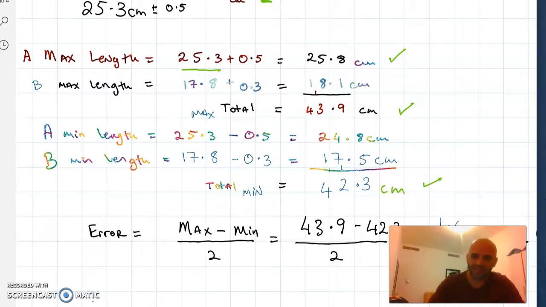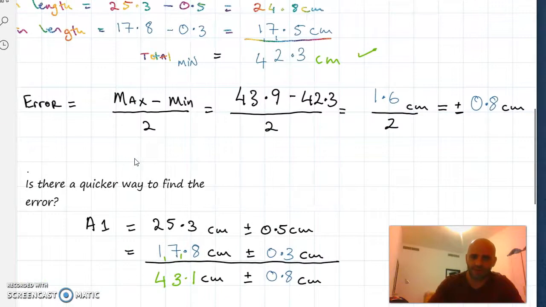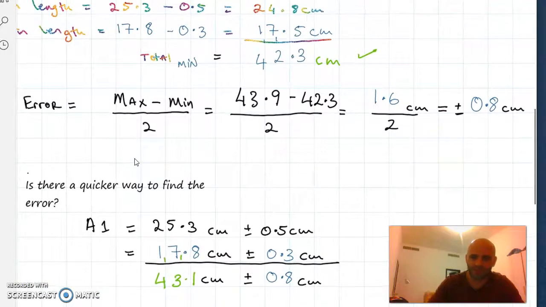So again, the same trick: I take the maximum, I take the minimum, I split my difference, and then just say that that's the error plus or minus half of it. So you wind up with an error of 1.6 over 2, which is 0.8 plus or minus, okay?